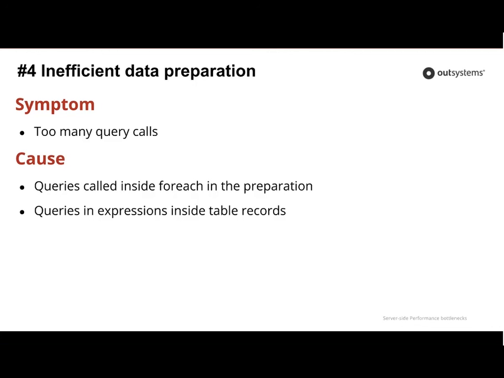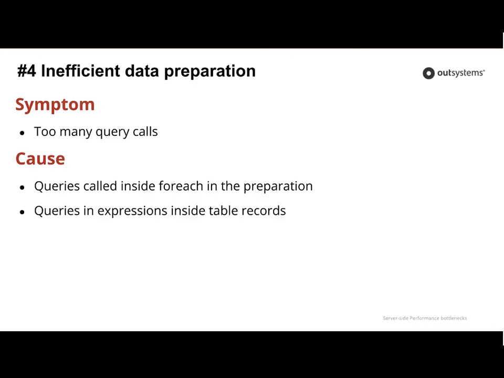One of the points that we encounter very often is the amount of queries that you are performing within the preparation. This is most probably going to end up with a pattern where you have a for each within the preparation, meaning that you have some kind of control. It can be a query, and you have a for each, a cycle that iterates through the result set, and for each element you perform one or several queries.